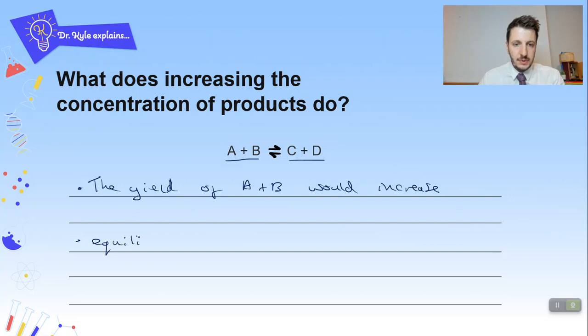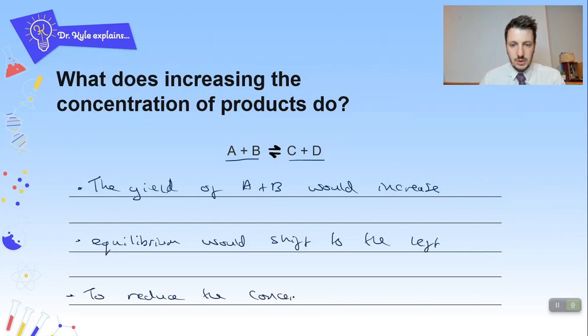Equilibrium would shift to the left to reduce the concentration of C and D and counter the change.